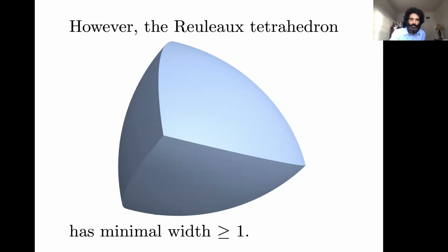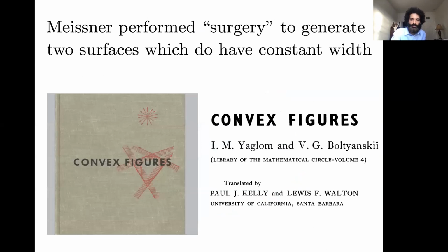So that's a little disappointing, but it turns out that you can alter the Rouleaux tetrahedron and perform surgery to generate 2 surfaces which have constant width. And this is one of Meissner's contributions, his main contribution to this subject, but apparently he did quite a bit of science in his career.